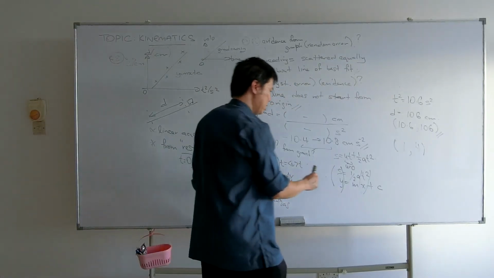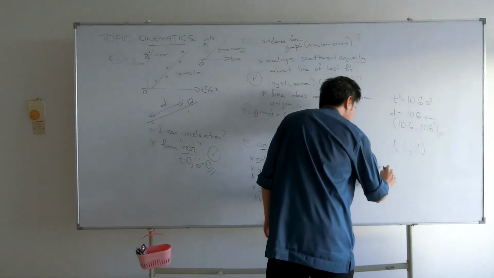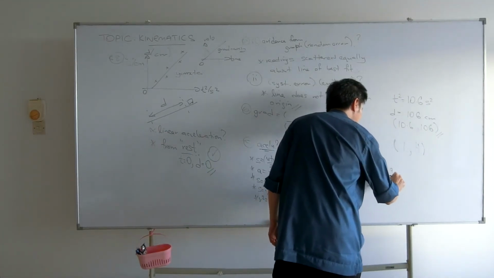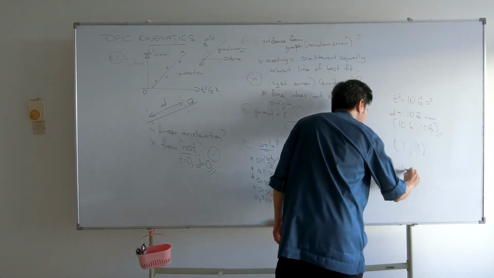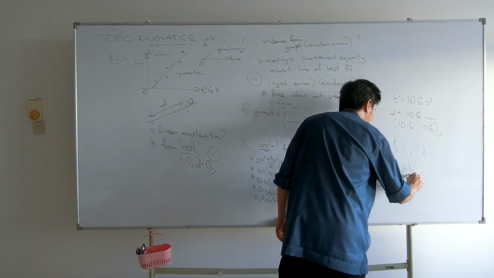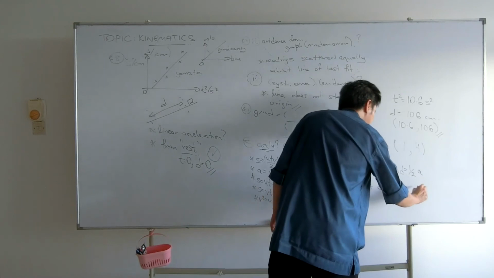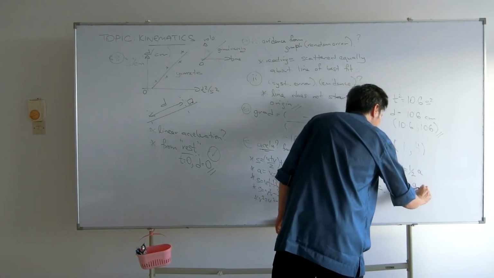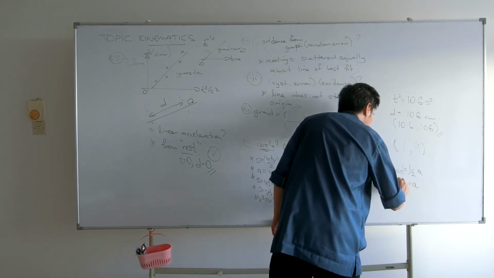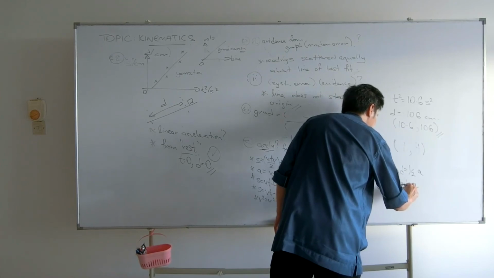So what is your gradient? Your gradient here is equal to half A. Therefore, acceleration is equal to 2 times gradient. Just make A the subject.